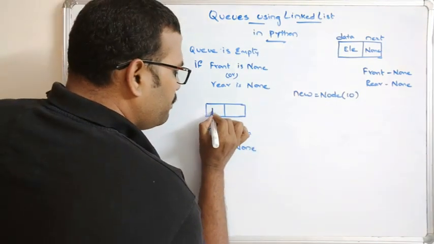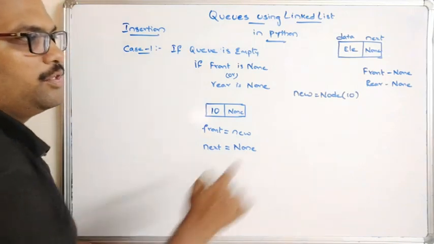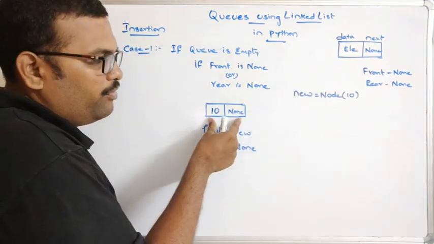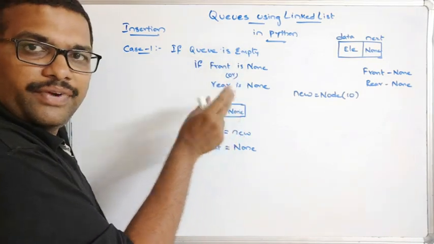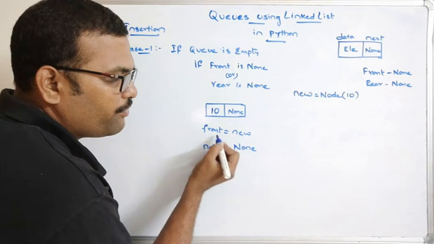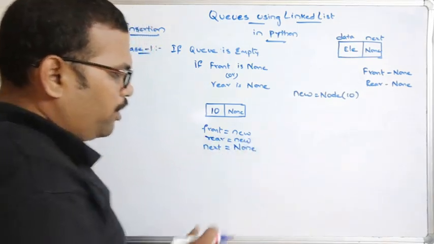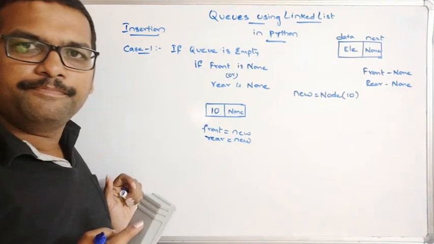Immediately the 10 will be displayed here and none will be initialized here. After executing this statement, a node will be created, and if the queue is empty, this will be the first node. If it is the first node, we have to assign new to front and rear. So simply front is equal to new and rear is equal to new, and you need not go with the next. By default it will be none.